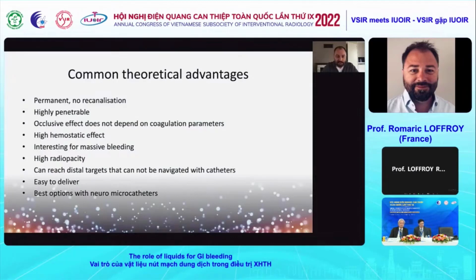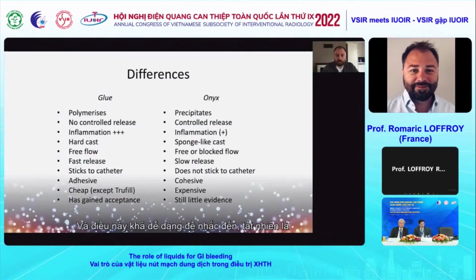This is highly hemostatic, very interesting for massive and focal bleeding, with higher radiopacity. You can reach distal targets with very small microcatheters, and sometimes this is the only option because in very small microcatheters you cannot put any coils or plugs, and this is quite easy to deliver.